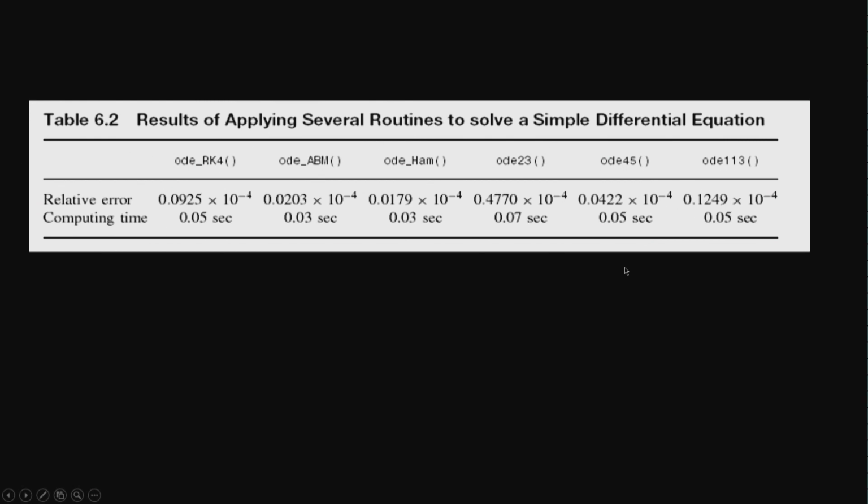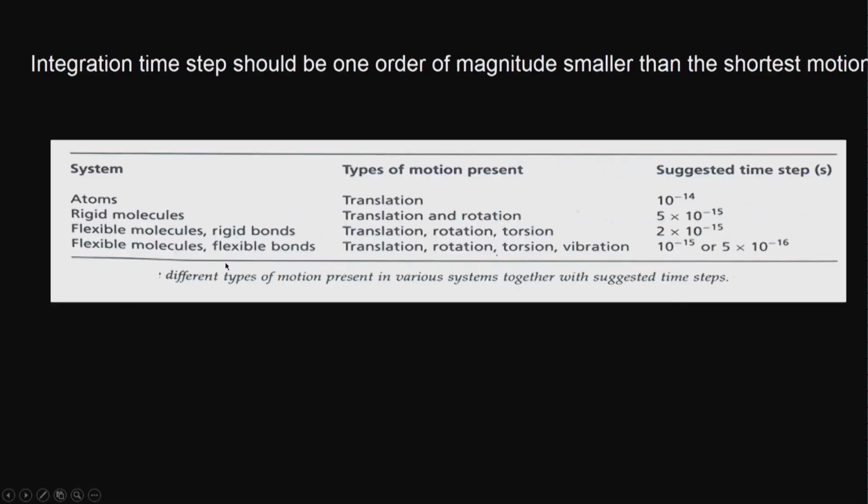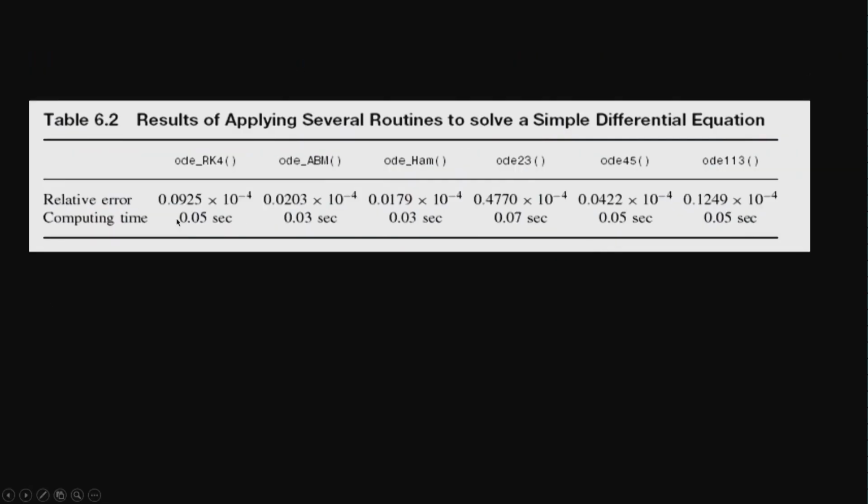So you see, depending upon the method you use we can get different levels of errors and different levels of computational time. It changes dramatically. As you can see, 0.09 to 0.01, so almost 8 times less error when you use different types of methods.